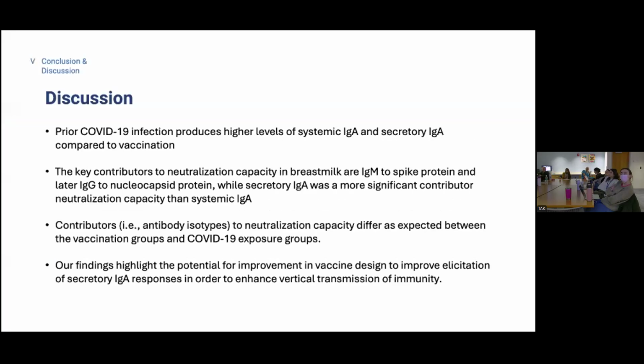In thinking about why this is important, now we know the key contributors to neutralization capacity. We can really prove that there's a higher response to secretory IgA, and we can tailor our vaccine development to improving titers towards IgAs.